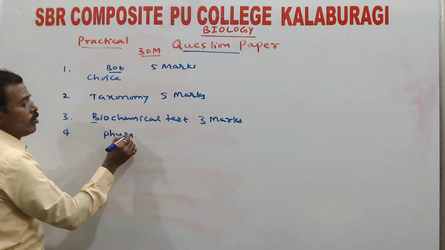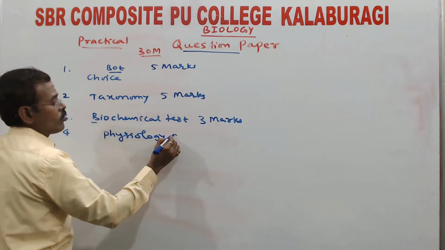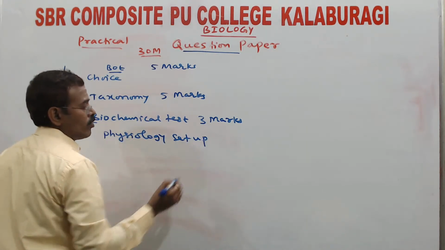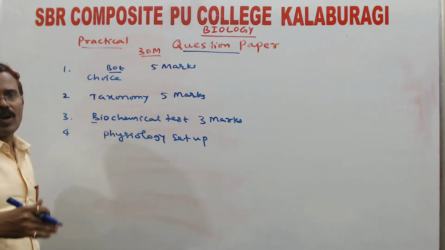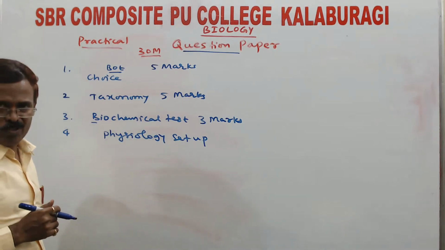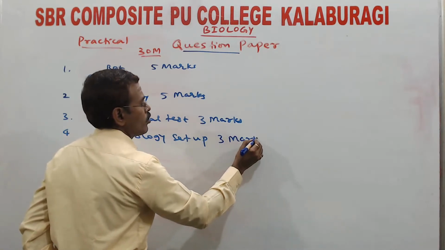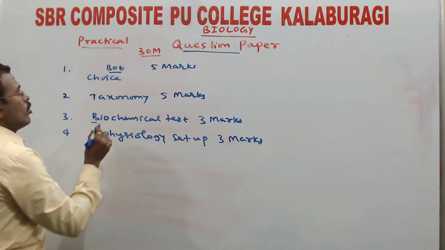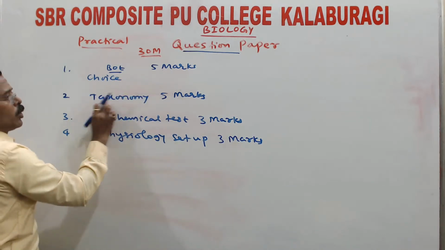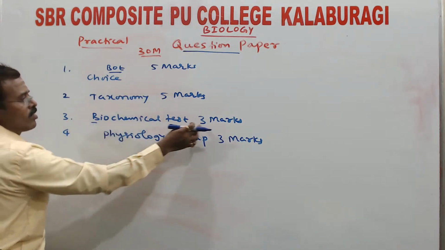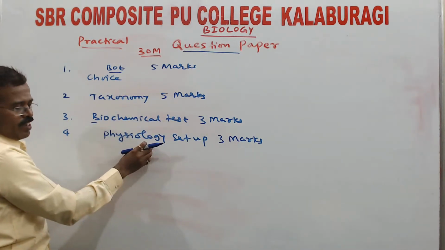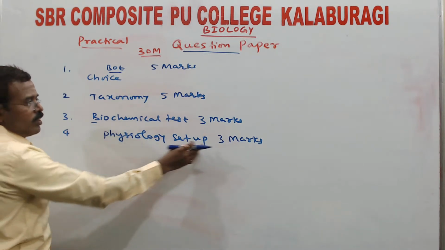We will have a physiology setup. We have to identify what that physiology setup is and write the principle about that. This is also 3 marks. So question number 1, 5 marks; 2, 5 marks; 3, biochemical test, 3 marks; 4, physiology setup, 3 marks.